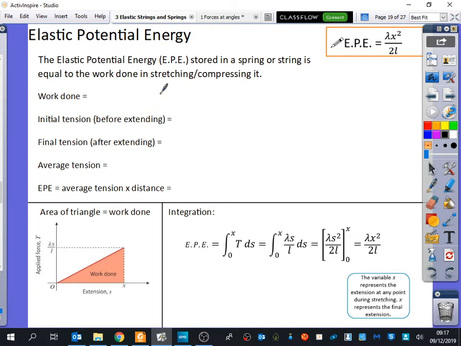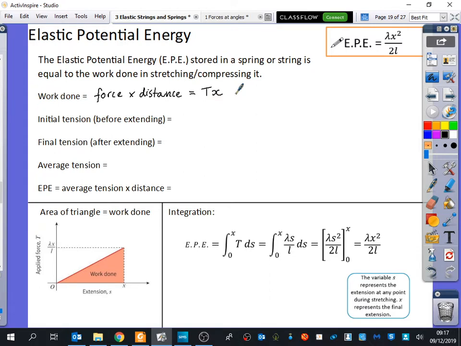We're talking about it being equal to the work done in doing the stretching or the compressing. So what is the formula for work done? Fx, or just the force times the distance, which in this particular case, the force in order to compress it will be the tension multiplied by the distance that it's being compressed, x, okay?